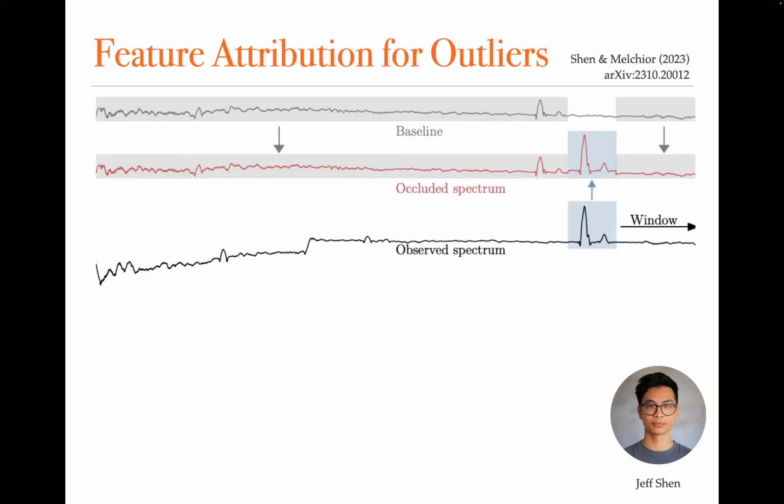We remove one part of it and replace it by the actual observed spectrum, as you can see from the top. And we are asking the question, how does the probability of my normalizing flow change under that change of feature? Because if it changes a lot, then the feature that I've just inserted was apparently important. So you can find in an automated way, you can scan this and find different regions that seem to be largely responsible for that outlier score.